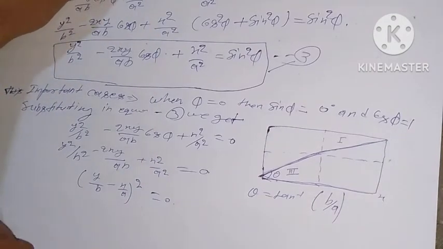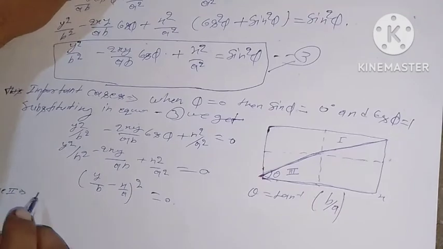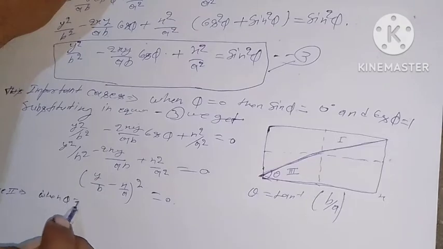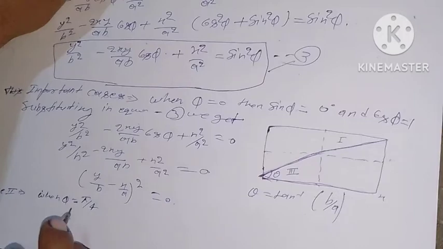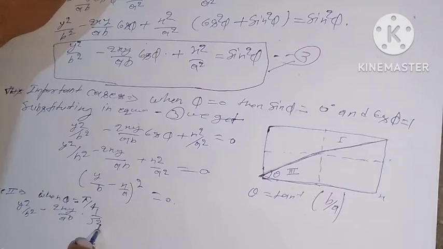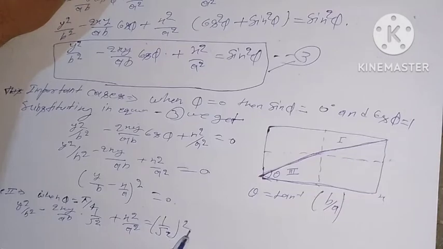Case second. When phi equal to pi by 4, then y square upon b square minus 2xy upon ab into 1 upon root 2 plus x square upon a square equal to (1 upon root 2) square.